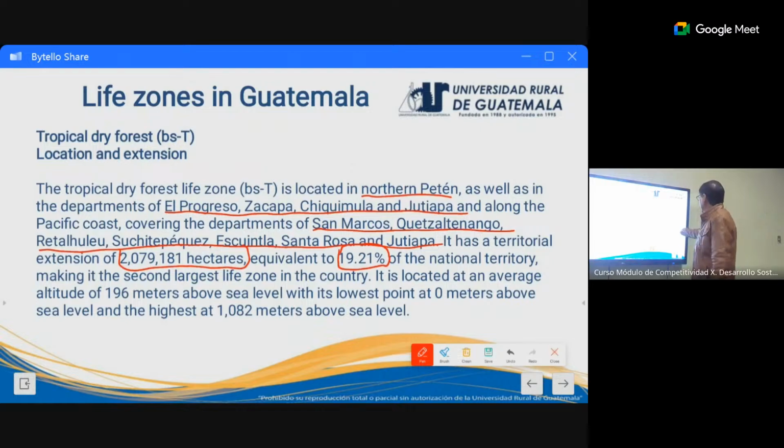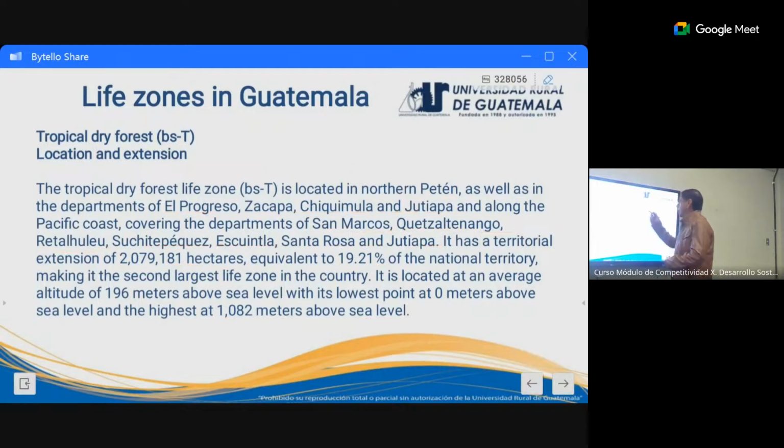2 million hectares, equivalent to 19.21% of the national territory, making it the second largest life zone in the country. It is located at an average altitude of 196 meters above sea level, with its lowest point at 0 meters above sea level and the highest at 1,082 meters above sea level. Okay, so here we can see that this is a big area through our country.